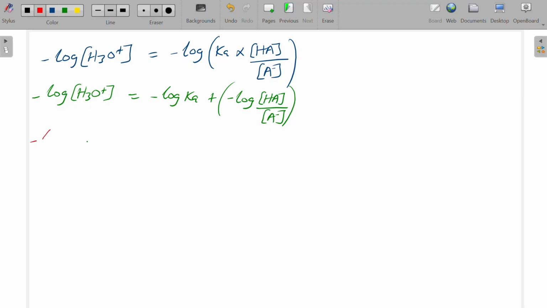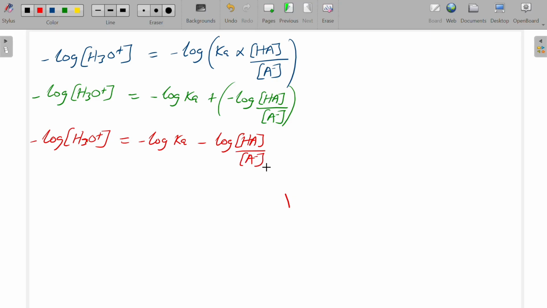All right, so negative log of H3O plus on the left side here is equal to negative log of Ka, and when we multiply negative by positive here, we're going to get a negative. So this will be minus log of the ratio that we have on the other side.